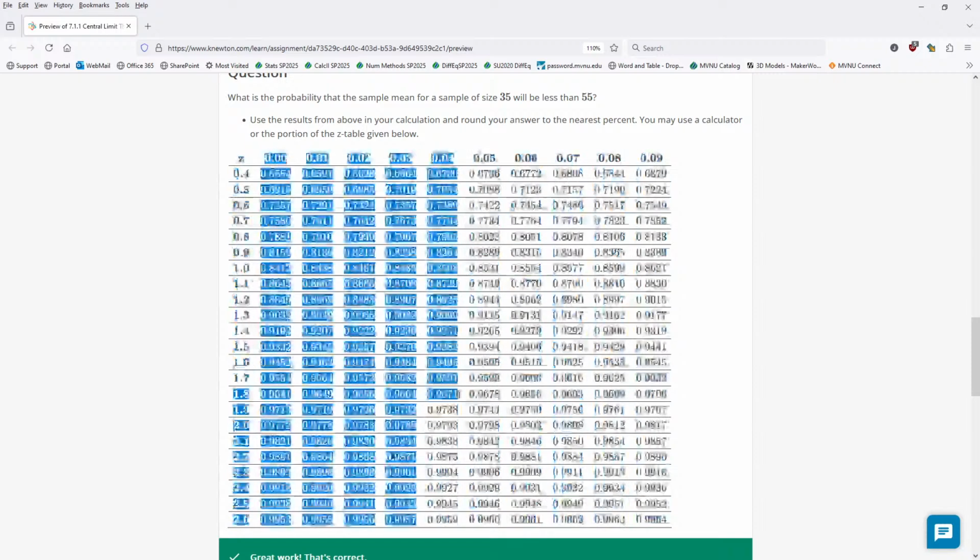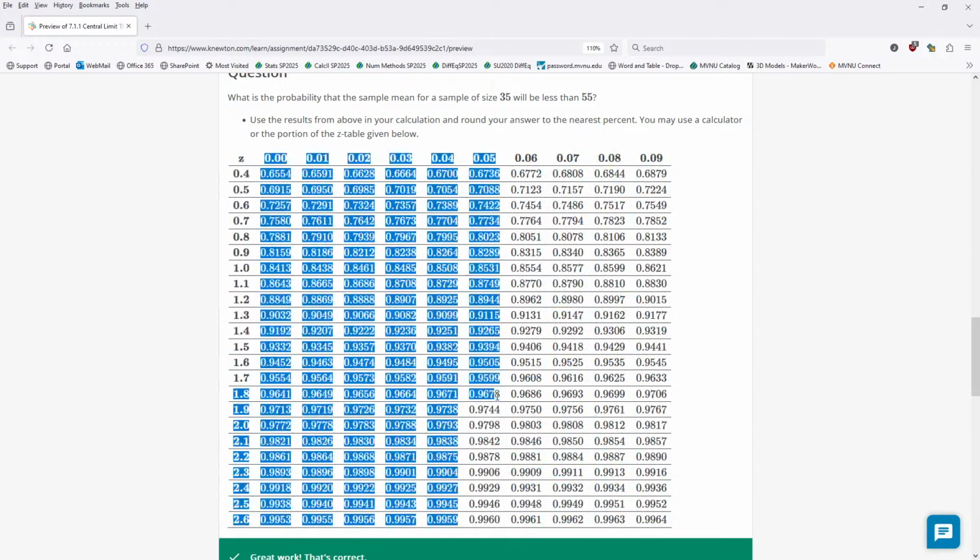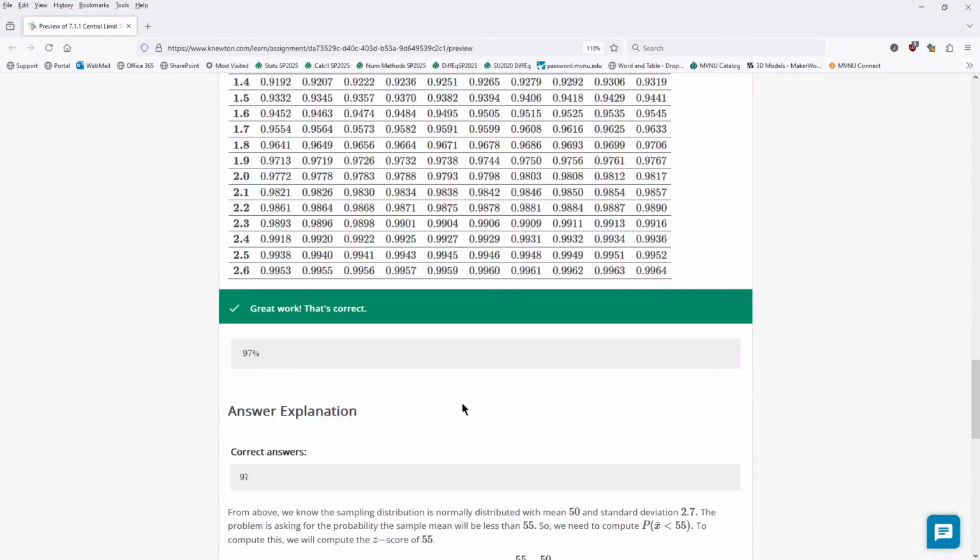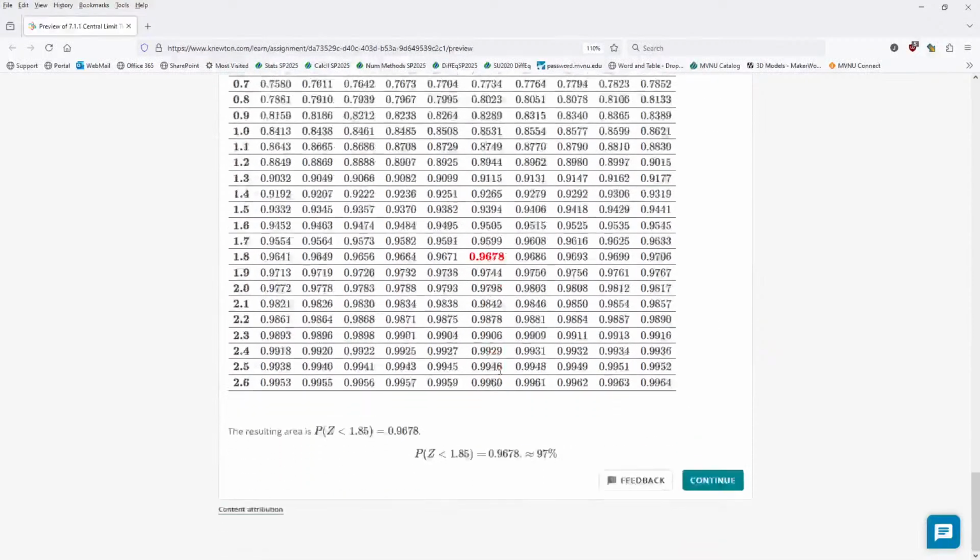And we go over to 1.85. Whoops, there it is. So 1.85 is 9678, round that, 97%. Oh, look, they even highlighted it there. So hopefully they'll round everything so that it won't matter if you use Excel, but just in case, that's the way that works. All right, I hope this works for you.